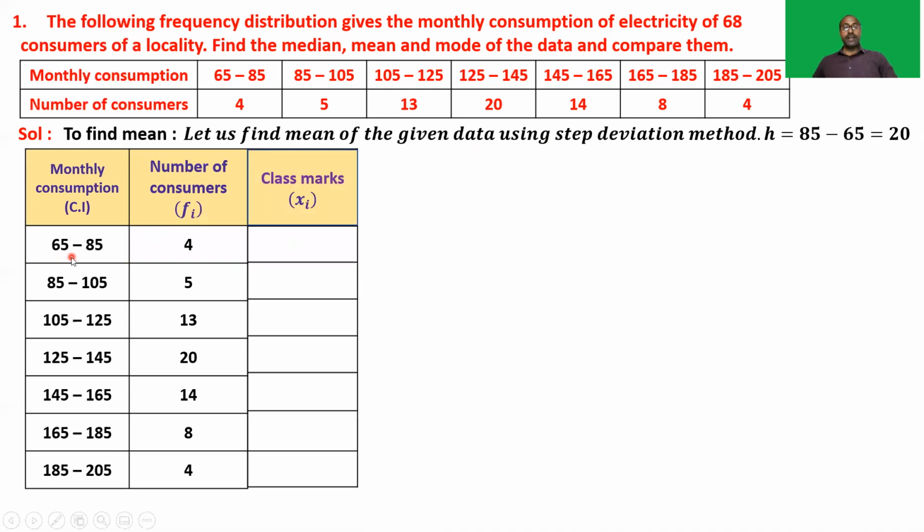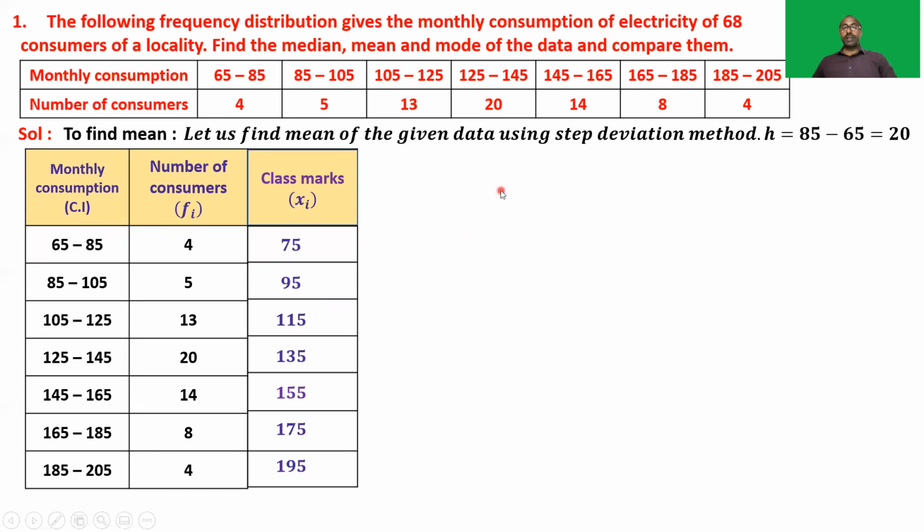The mid value of 65 to 85 is 75, and the mid value of 85 to 105 is 95, and similarly the remaining mid values are 115, 135, 155, 175, and 195.